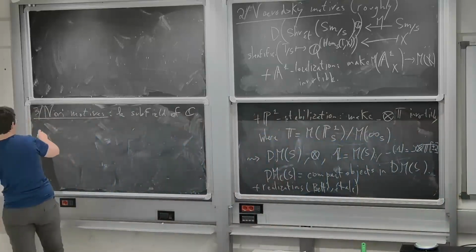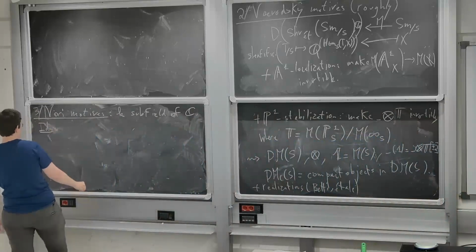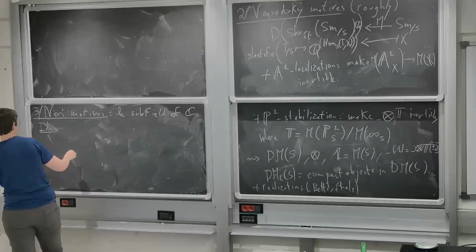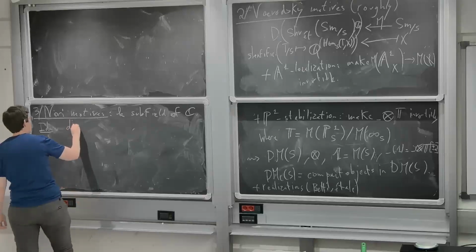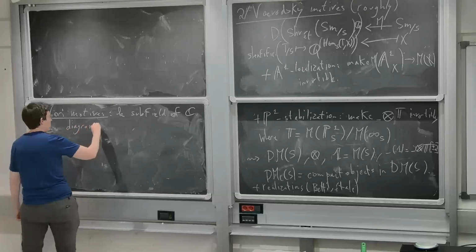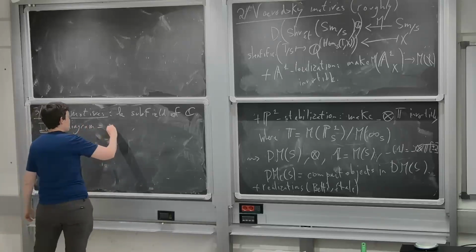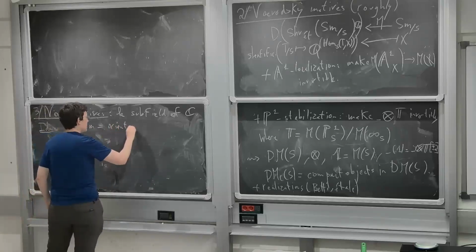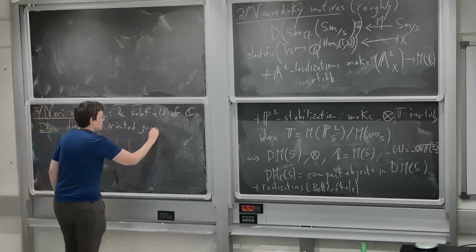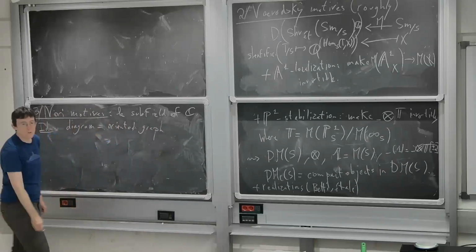So the idea, you're going to look at this. Let's start with a little bit of vocabulary. In Nori motives, a diagram means an oriented graph, which you might also know as a quiver.